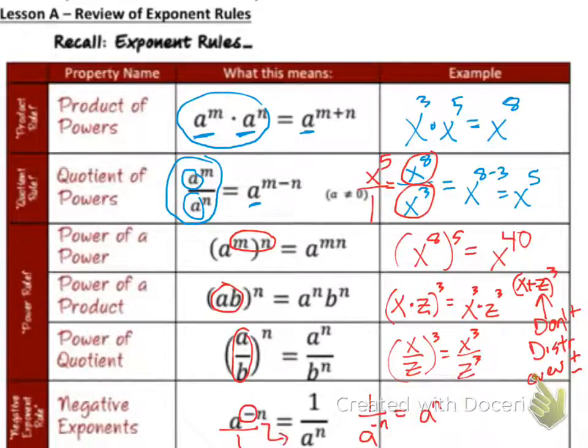So if it's in the numerator, move it to the denominator, but you have to remove that negative power once you move it. If it's in the denominator, then if you want to remove that negative exponent, you'd have to move it to the numerator and remove that negative exponent. So it's the reciprocal rule. It moves whatever is being raised to a negative power to the other part of the fraction, and then you remove that negative exponent. Okay, that's old school news, right?